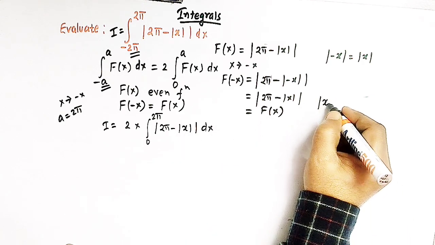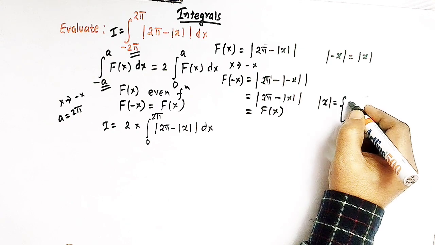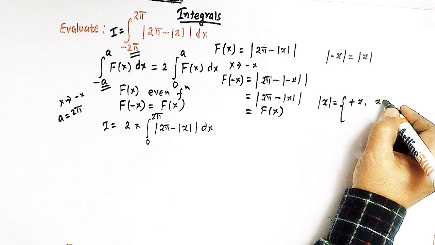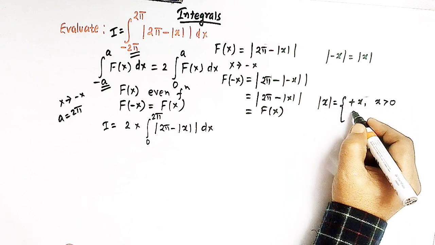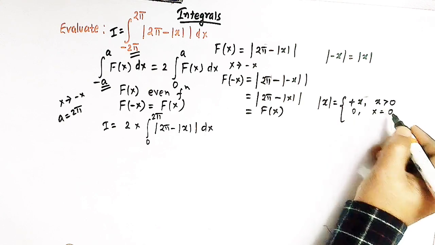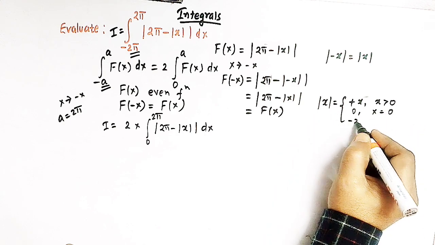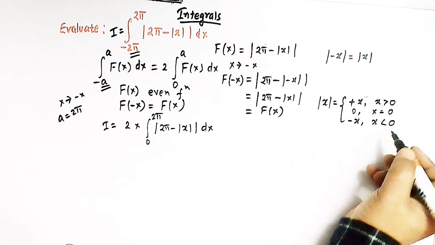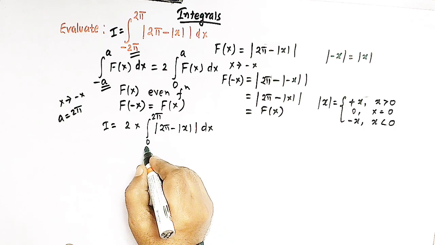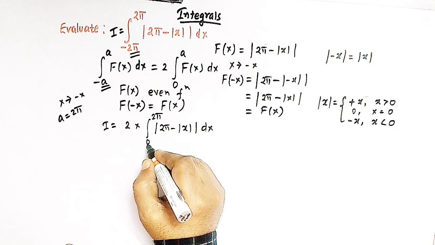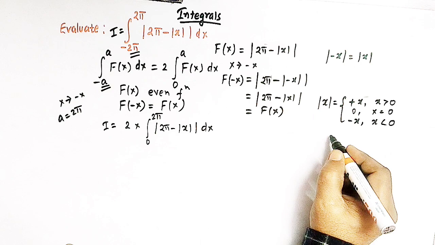Now see, mod of x is defined as positive x whenever x is greater than 0, mod of x is 0 when x is equal to 0, and mod of x is negative x when x is less than 0. And see, here the limits of integration are from 0 to 2 pi, right?